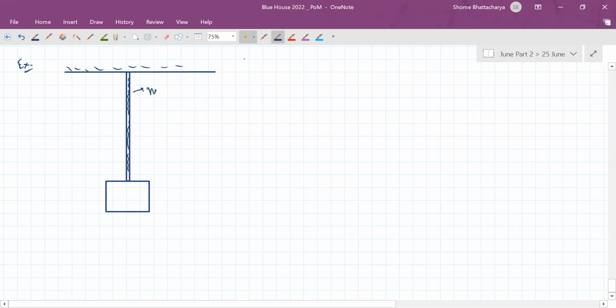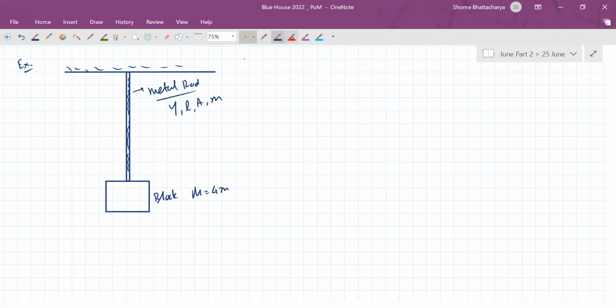So this metal rod is of Young's modulus Y, natural length L, area A and mass M. Now this block has a mass of 4 times the mass of the rod. So we want to find the elongation.